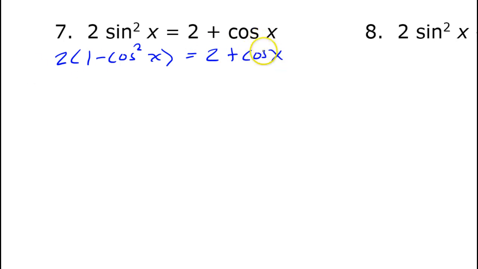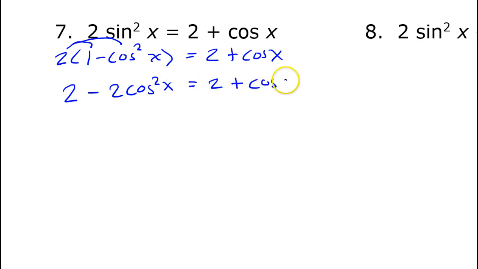Now it's all cosine. I like that better. I'll have to do the distributive property here. So that's going to be 2 minus 2 cosine squared x is equal to 2 plus cosine x.